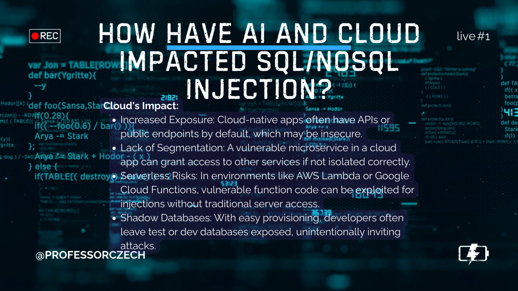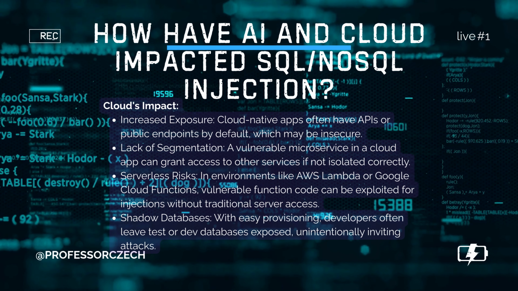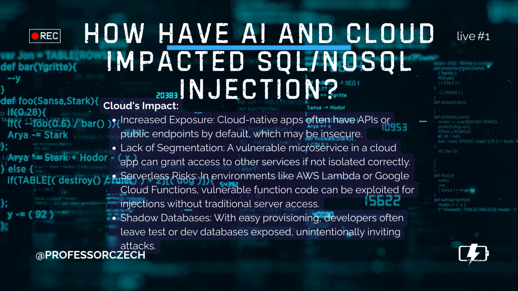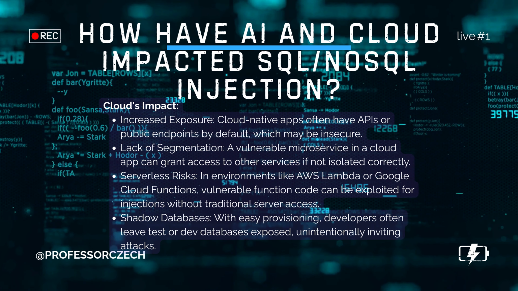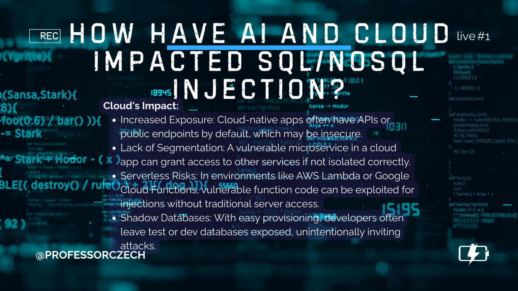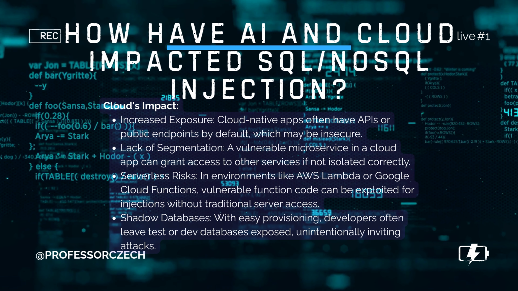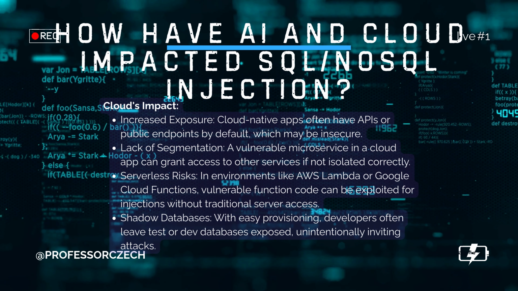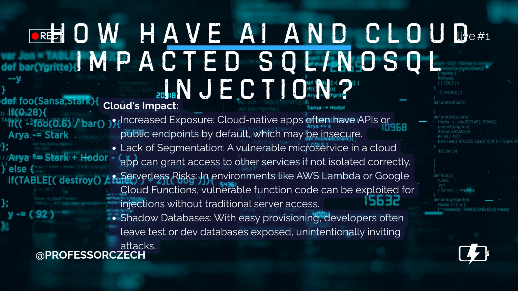Cloud has also impacted it through increased exposure, because cloud-native apps often have APIs or public endpoints by default, which may be insecure. Then lack of segmentation, because a vulnerable microservice in a cloud app can grant access to other services if not isolated correctly.